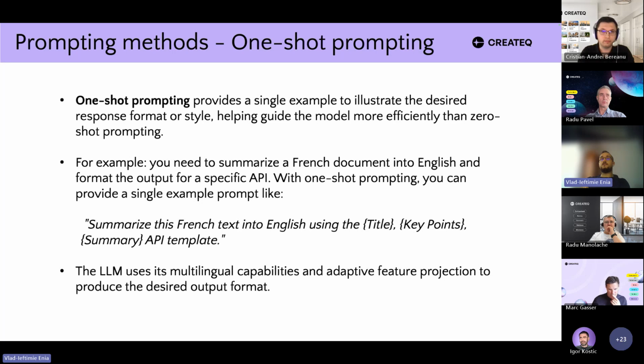And this is why we have one-shot prompting, which involves giving a single example in order to illustrate our desired response, either regarding the format, the style, or the overall approach of the LLM. For example, we have here a task to summarize French into English using a specific API template.